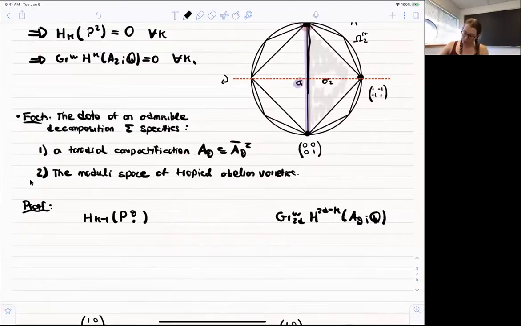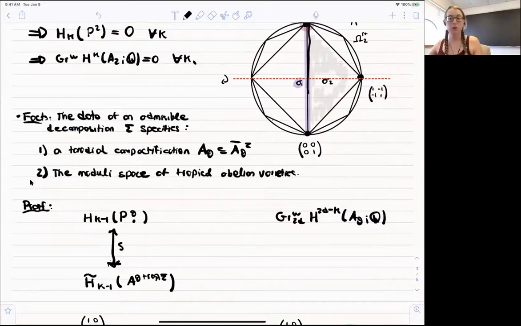Well, the first thing to note is that what this chain complex is actually computing is the reduced homology of the tropical moduli space. So there's an isomorphism between this chain complex and the reduced homology of AG trop sigma. Whatever the moduli space of tropical abelian varieties is, it's some topological space whose reduced homology I can take, and this chain complex is exactly computing that homology.